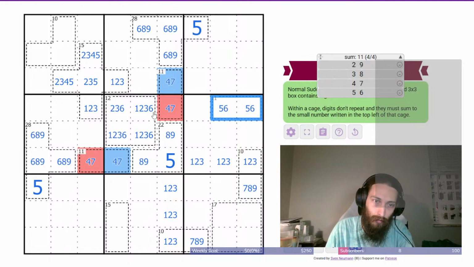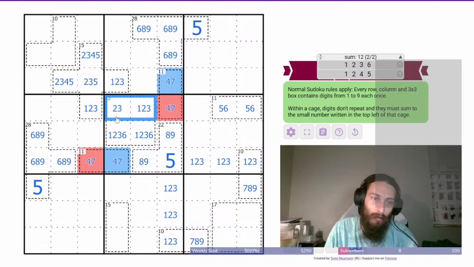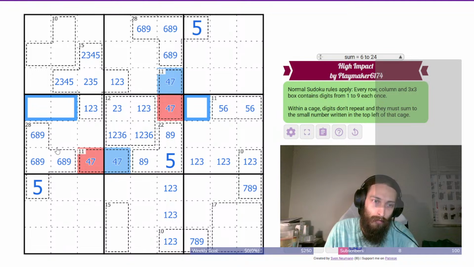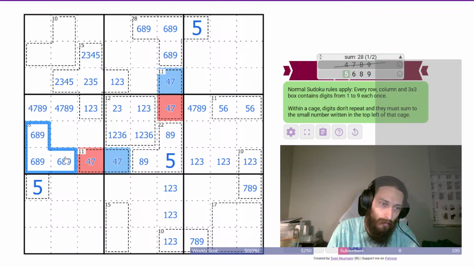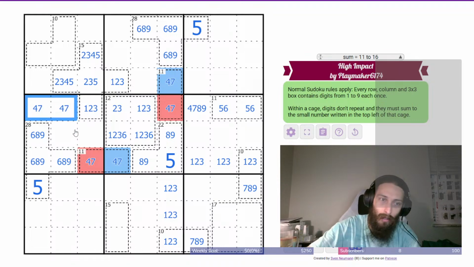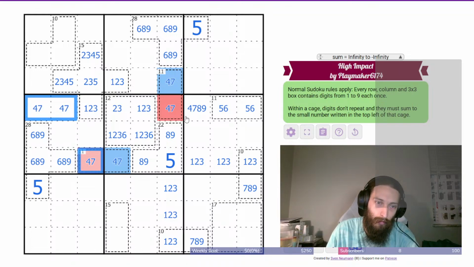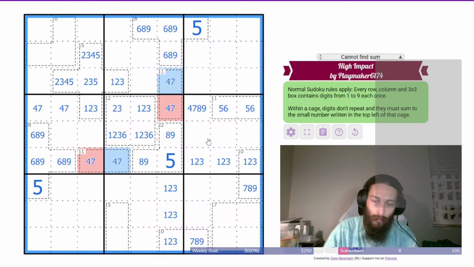So the 6 gets ruled out of there. So my last 4 digits are 4, 7, 8, and 9. But this 8, 9 here means neither of those can be 8 or 9. But 4, 7 breaks the puzzle. So what did I do wrong?